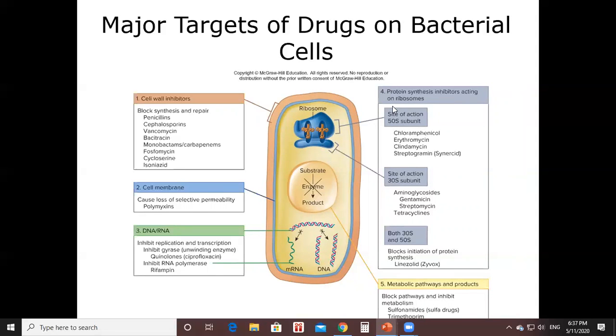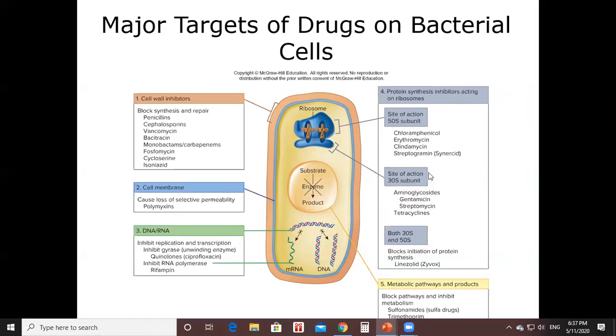And then you have protein synthesis inhibitors acting on the ribosomes. Some act on the site of action of the 50S, some on the 30S, and some on both the 50S and 30S. This is the 50S portion of the ribosome for protein synthesis, and this is the 30S.